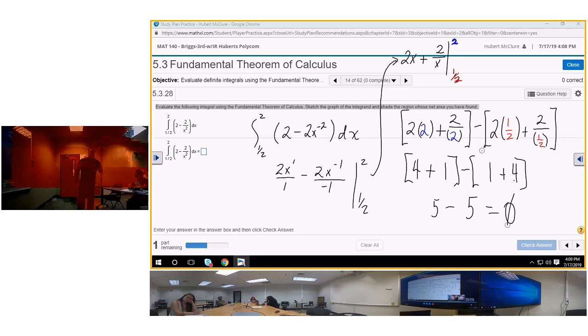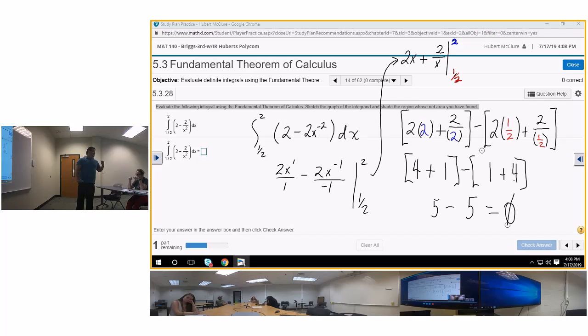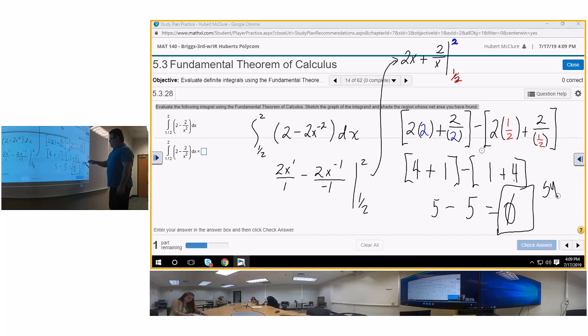Does that mean that the space-time continuum has collapsed on itself? No, it means that you have symmetric areas, one above the x-axis and one below the x-axis. And what do the areas do? They cancel out. Make a note of that. When you get an area of 0, that means symmetrical cancel.